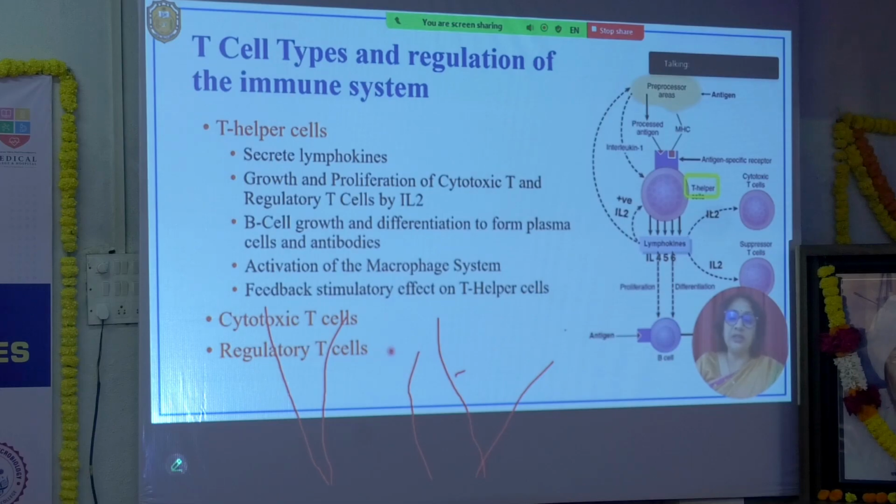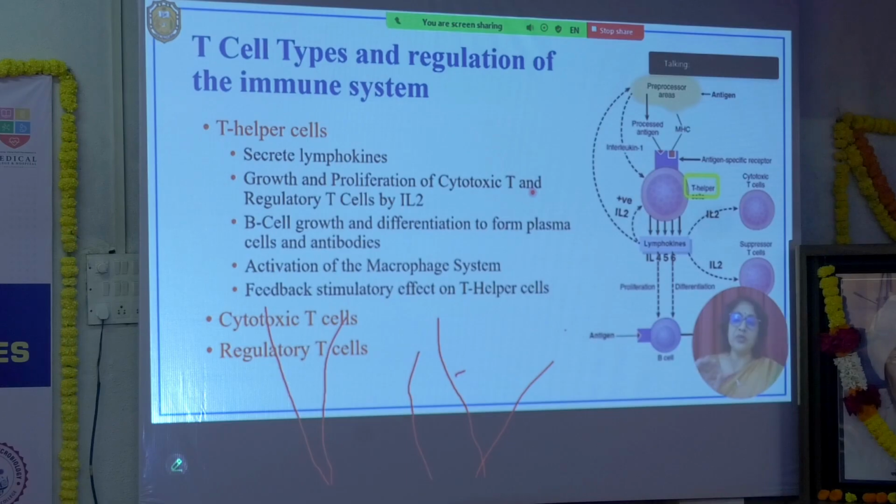Third, regulatory T cells. Very little is known about them, but they are capable of suppressing the functions of both cytotoxic and helper T cells. These suppressor functions of CD4 regulatory T cells are believed to prevent the cytotoxic cells from causing excessive immune reaction that might damage a person's own body tissue.